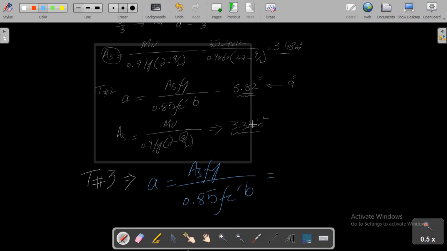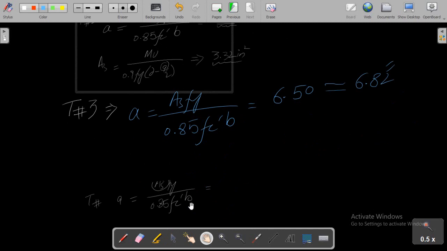If we use this value, 3.32 times 60 divided by 0.85 multiplied by 3 multiplied by 12, we get the value 6.50, and this time we can see a clear difference: this value is closing in on 6.82 inches.